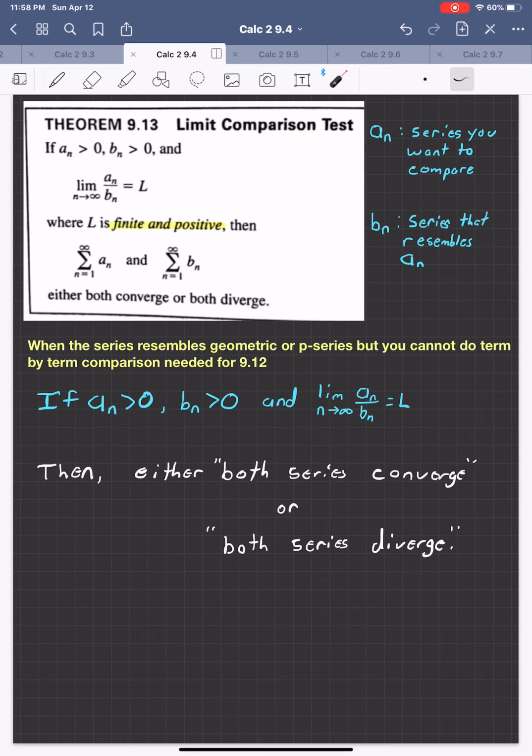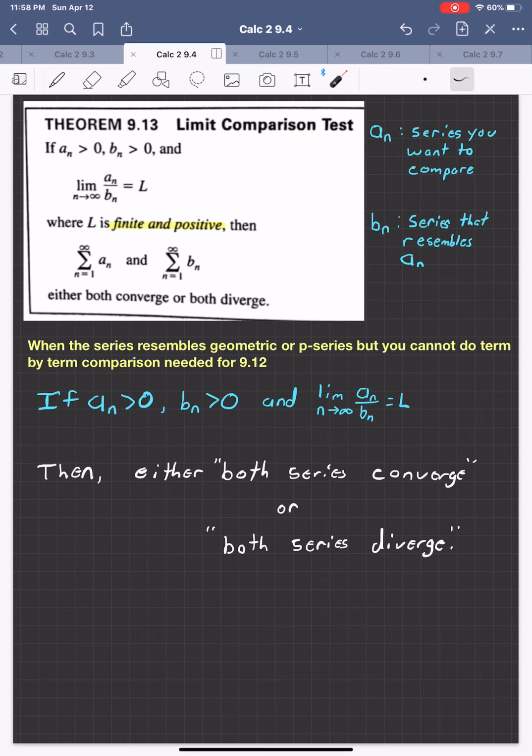Okay, right. So what do we need to do the limit comparison test? First off, the given series has to be greater than 0, and the series that resembles the given series has to be greater than 0. So those two have to be met.